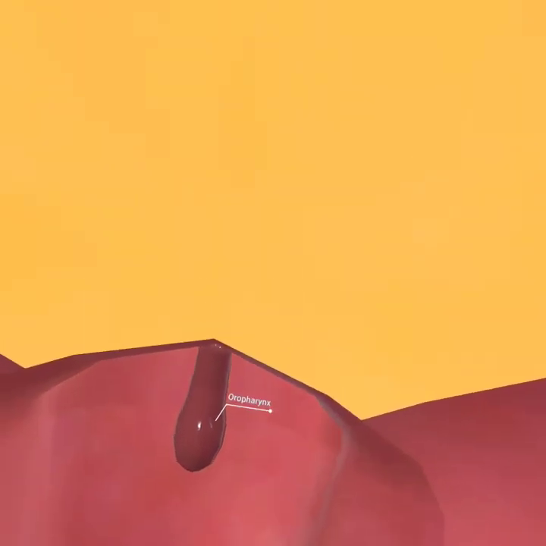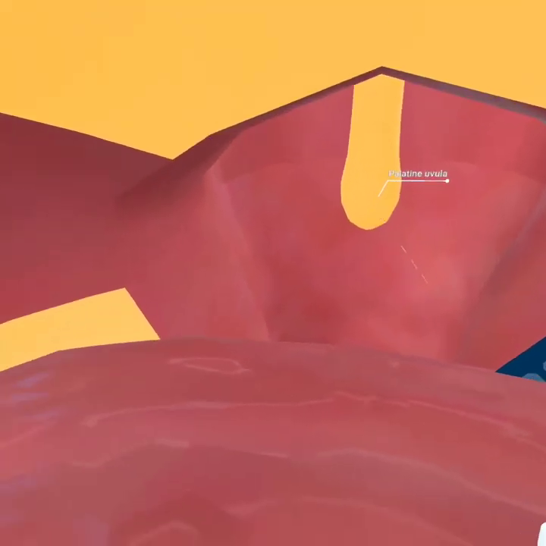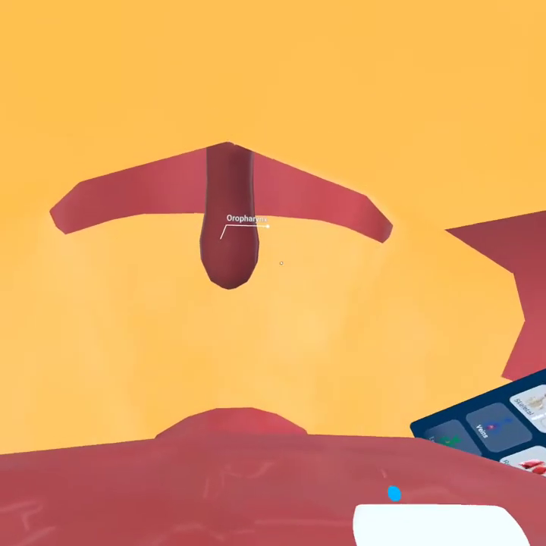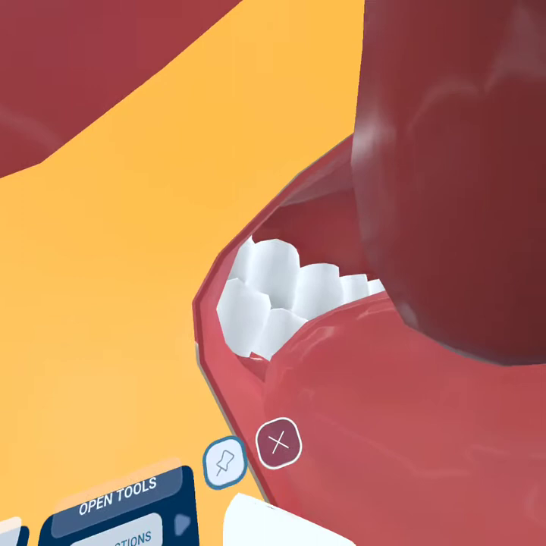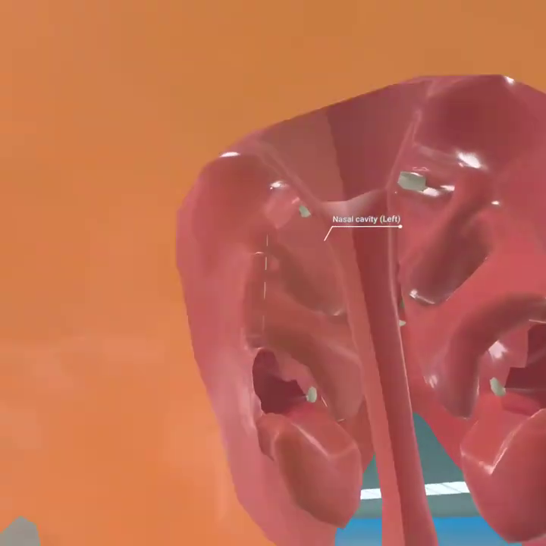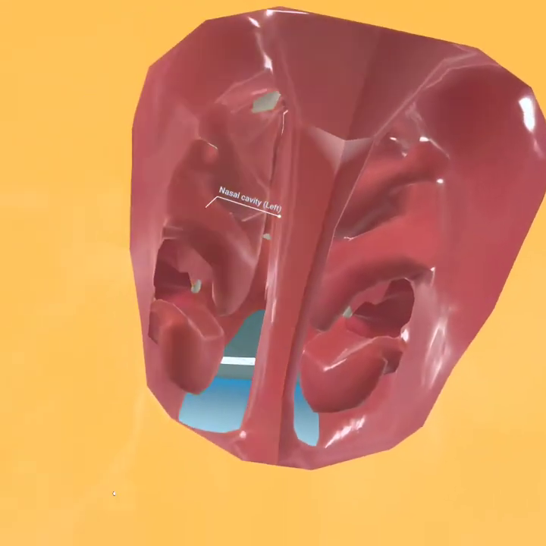But yeah, so now we are in our oral cavity. We have our uvula, and we have our oropharynx, and that's an opening in the pharynx that communicates with the oral cavity. We will go to the nasopharynx first, and in the nasopharynx we have our posterior wall, and we have our anterior.